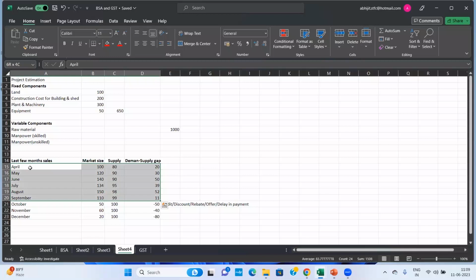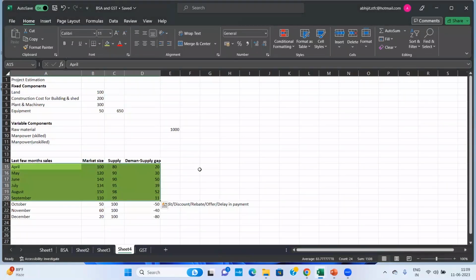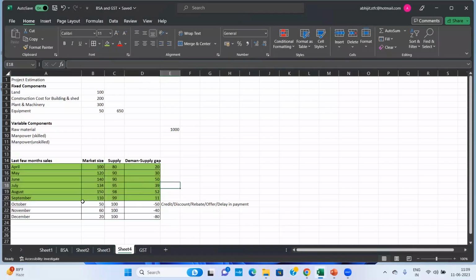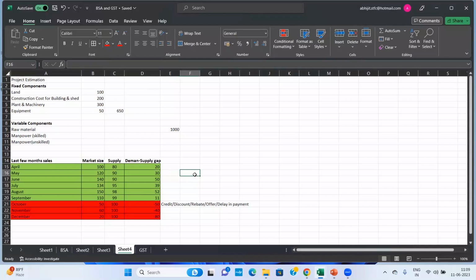So up to this much is my green zone. Right? This is my red zone. Yes or no?